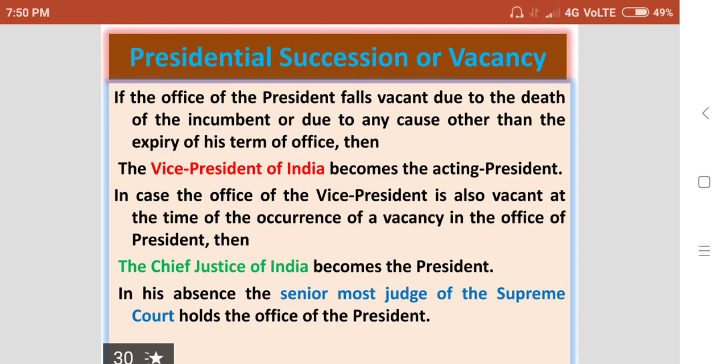In case the Chief Justice of India is also not available to discharge the duties of the President, in his absence, the next senior most judge of the Supreme Court can hold office of the President. So this is the provision of the Constitution in case the office of the President falls vacant.